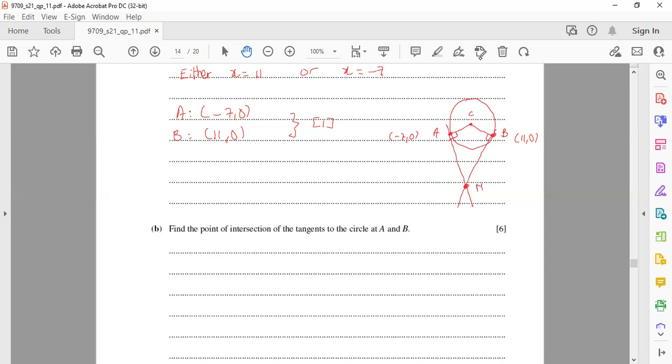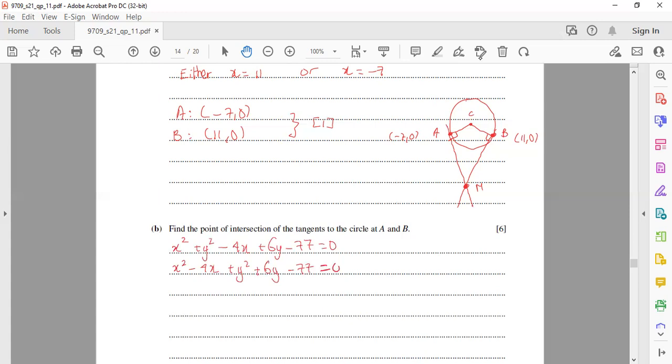So first of all, we need to find the coordinates of the center of the circle. So we know that the equation of the circle is x squared plus y squared minus 4x plus 6y minus 77 is equal to 0. Let's complete the square. So x squared minus 4x plus y squared plus 6y minus 77.